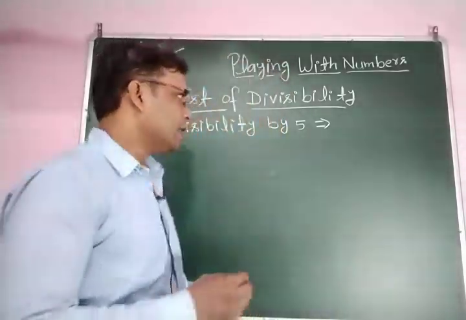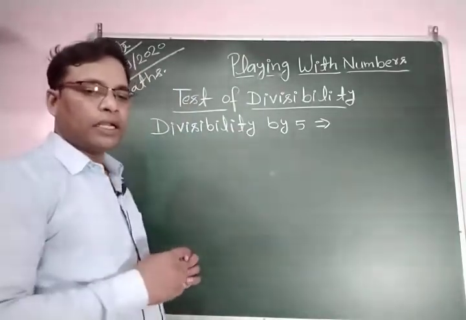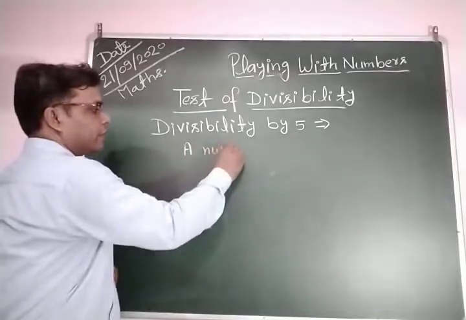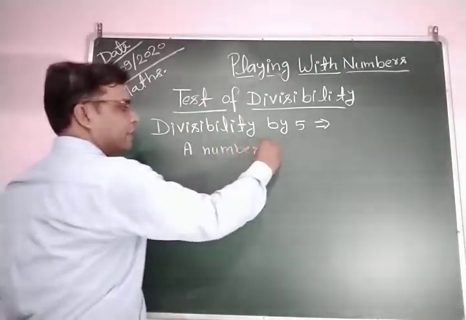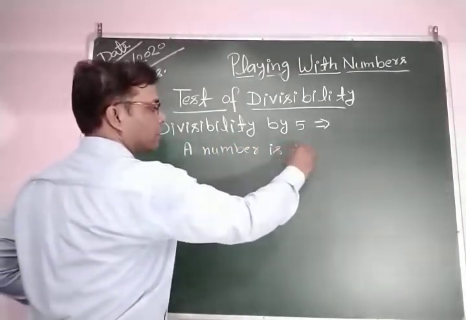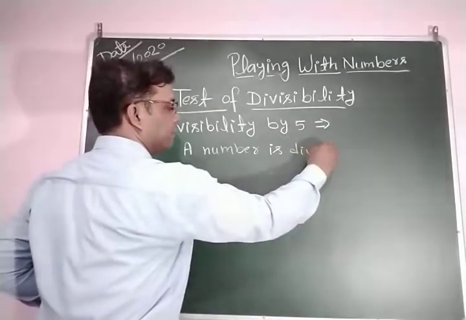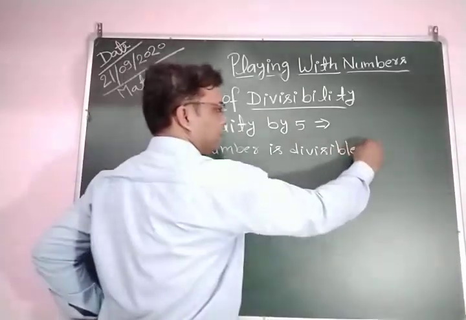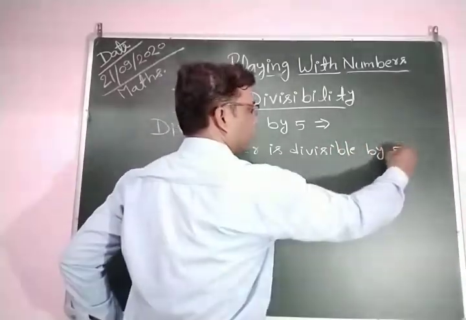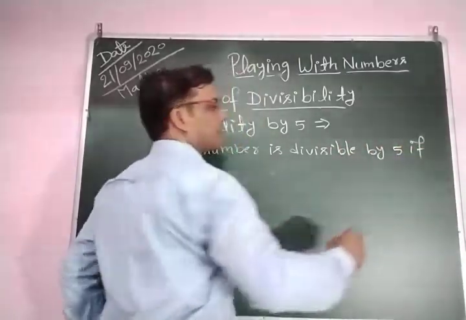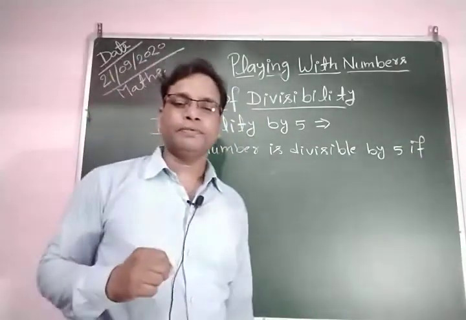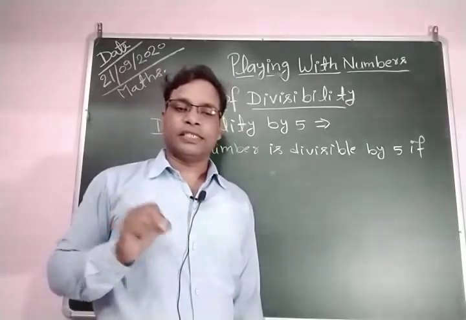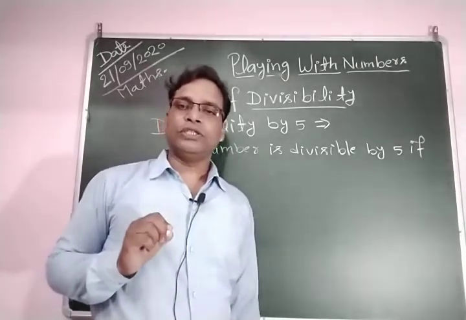You can write here: a number is divisible by 5 if its last digit is 0 or 5.